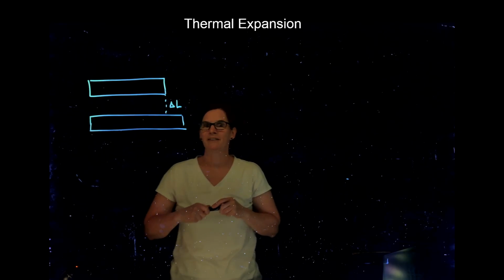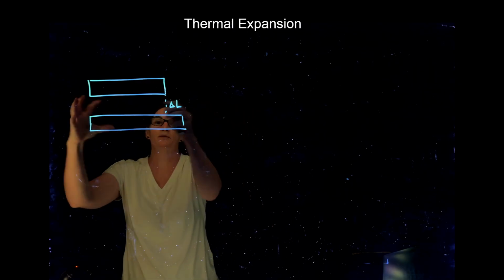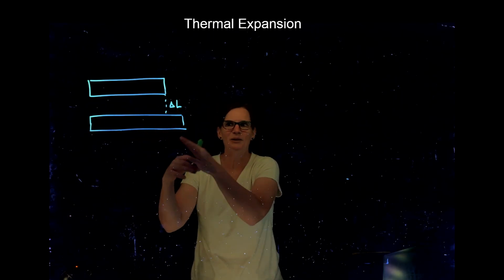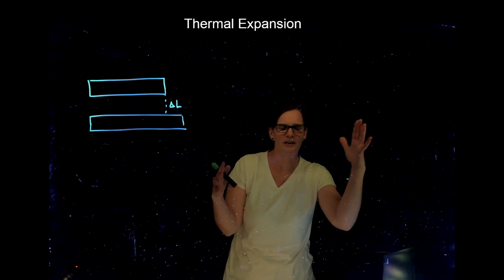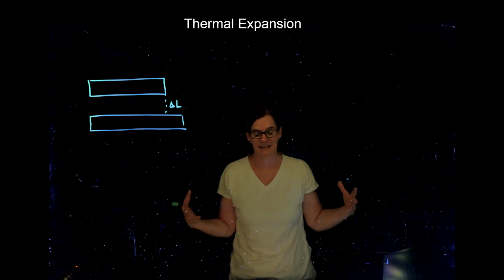I'm going to fix this side, but every molecule along there is spreading out. If this was free, we might see it spread in both directions. It's not just spreading in a single direction, it's the overall length of the metal rod that is expanding.